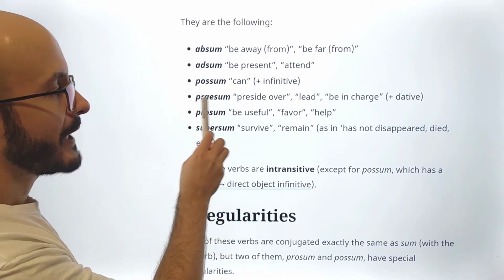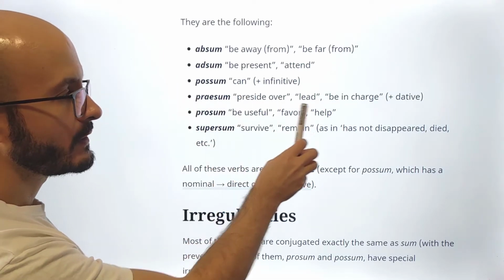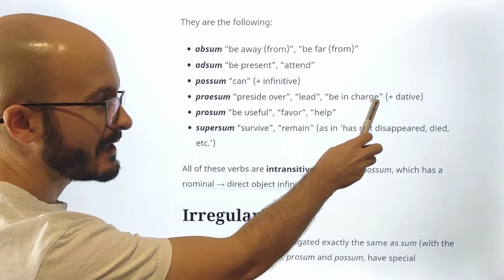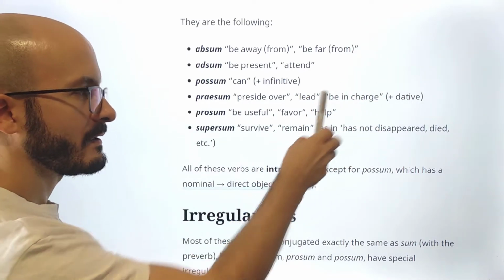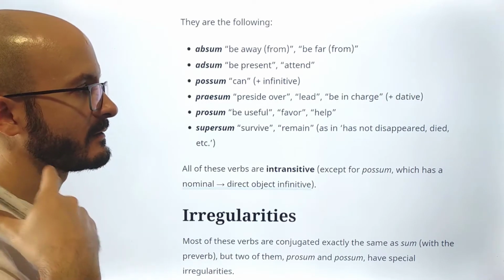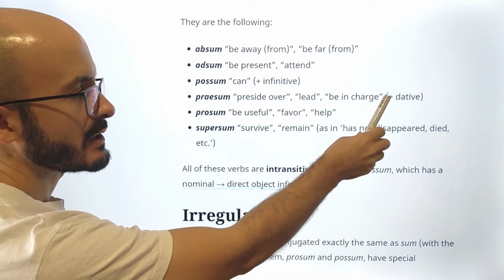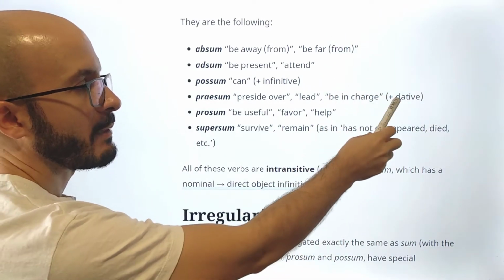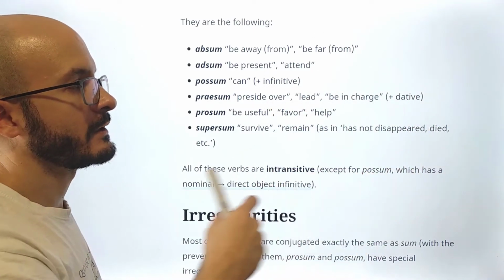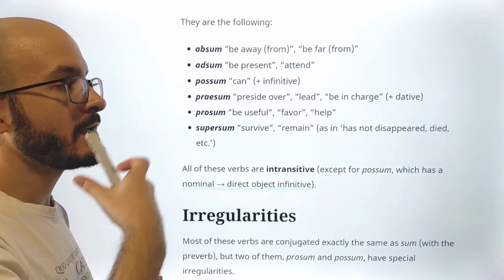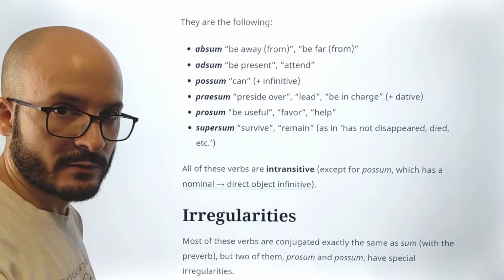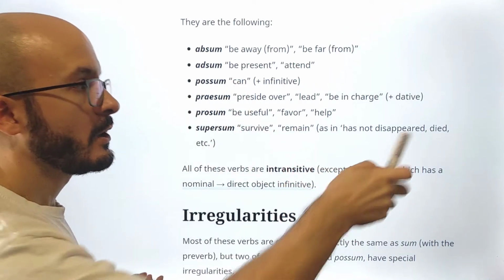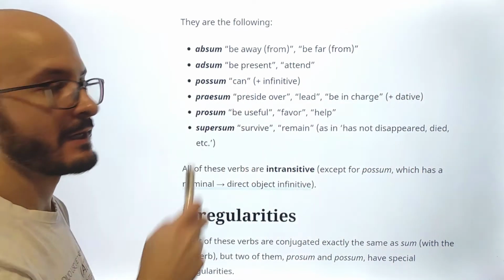Then praesum, preside over, lead, be in charge. Usually for example, in Caesar, etc., it will be mostly be in charge plus dative. No? So in English we would say be in charge of this legion. So that of this legion would be plus dative in Latin.